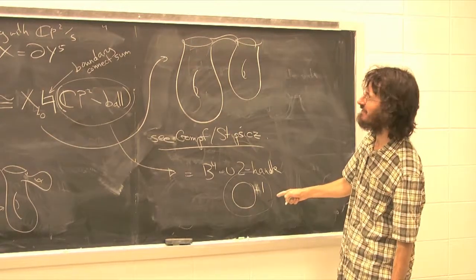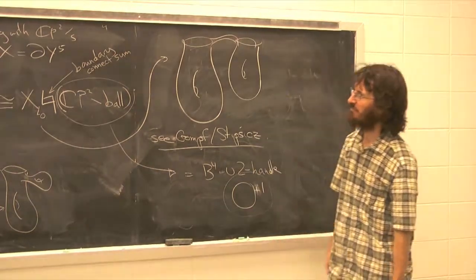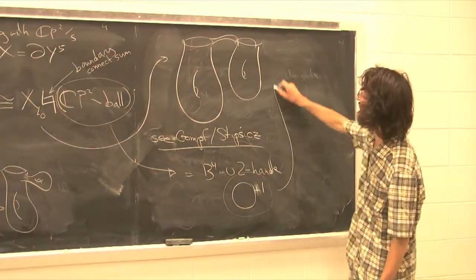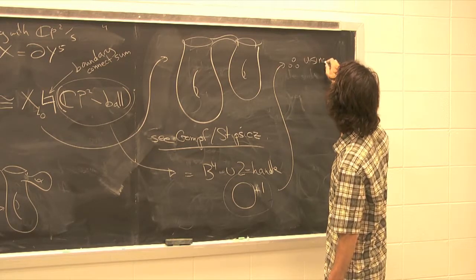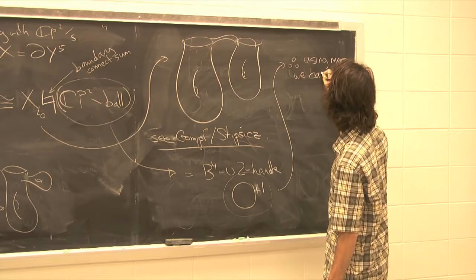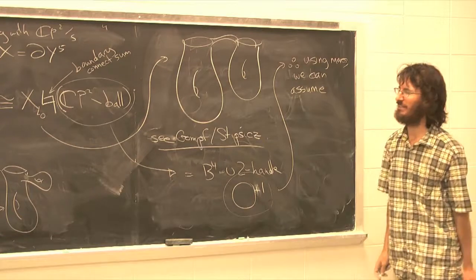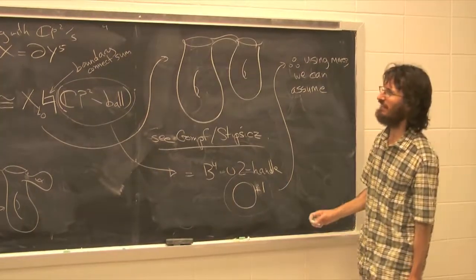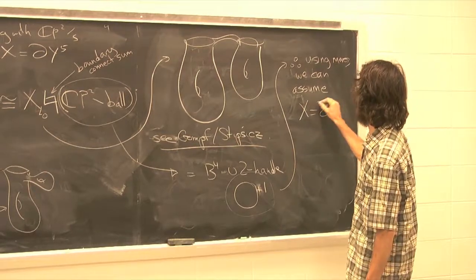So therefore, this connect summing with CP2 is precisely one of our moves. So using our moves, we can do those moves to either L0 or L1, it doesn't matter, and we can assume that this X is really equal to the boundary of the 5 manifold.